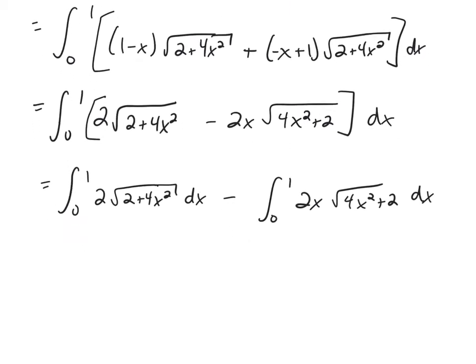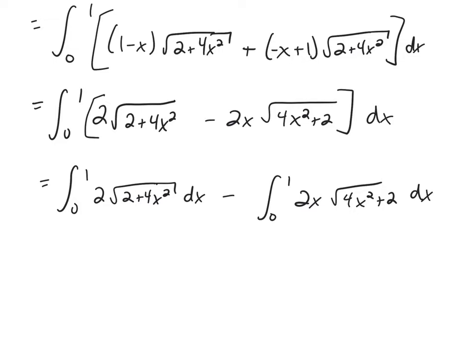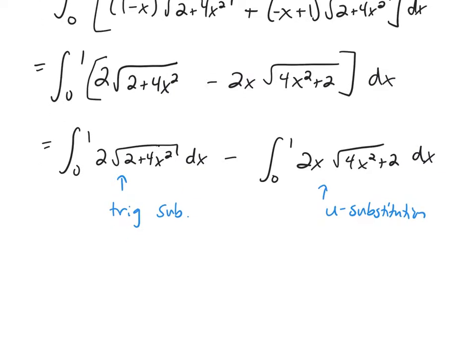So for this second integral, you can use substitution. For this integral, though, you're going to need to use trig substitution. So I'm going to skip over it, but you should review trig substitution here.